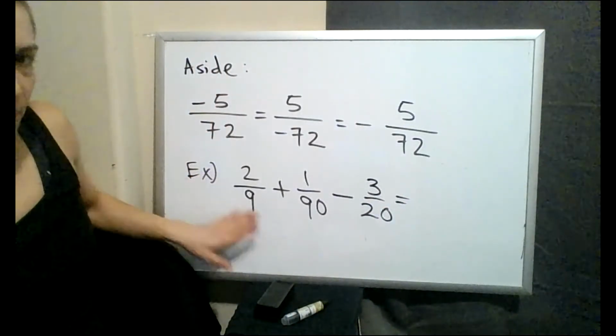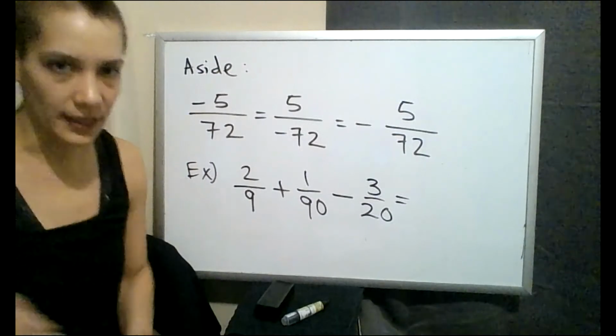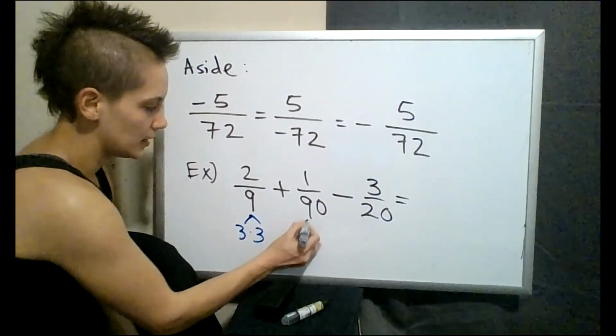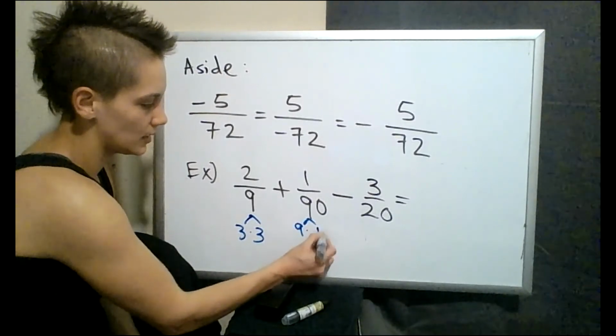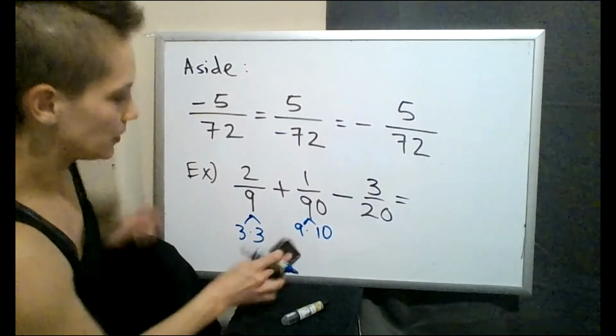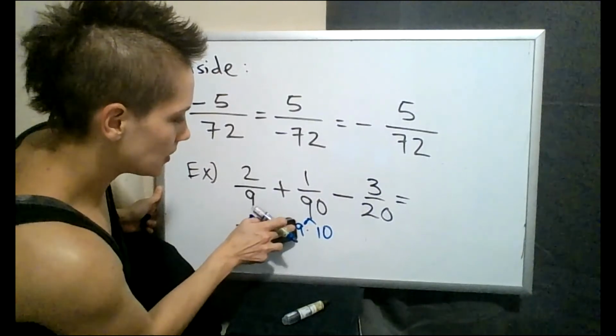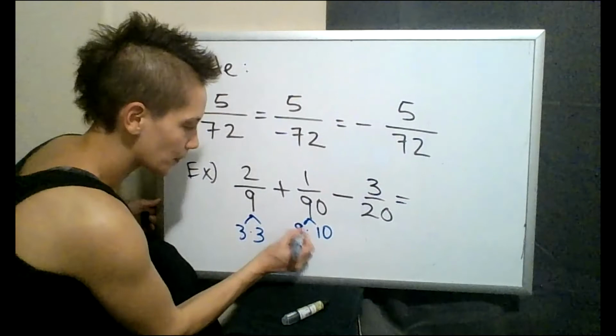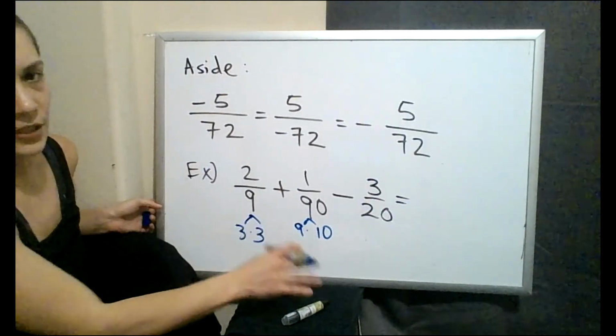So we want to factor every denominator to find the LCD. Factoring 9 and 10, we can branch off from each of these.